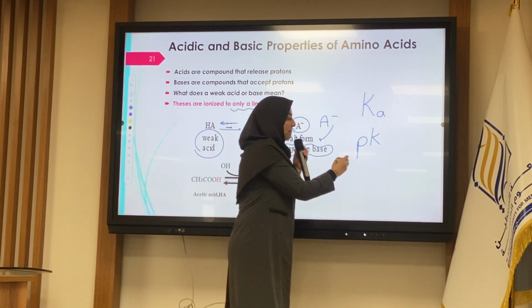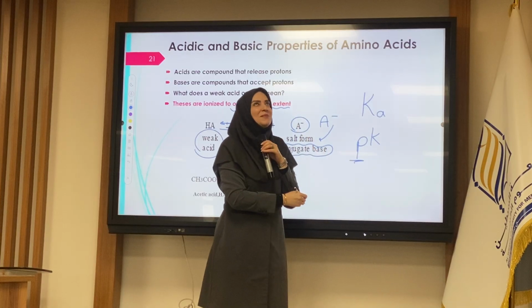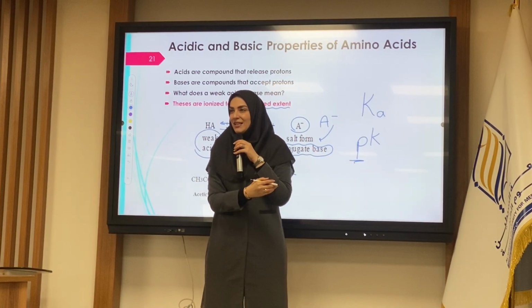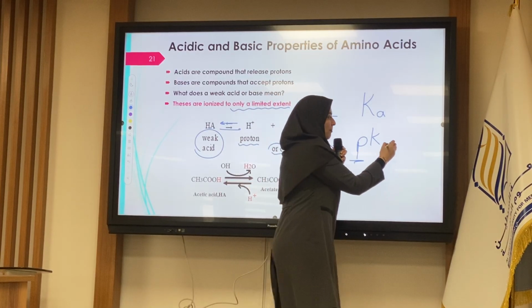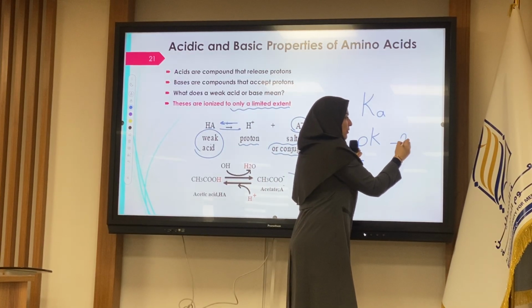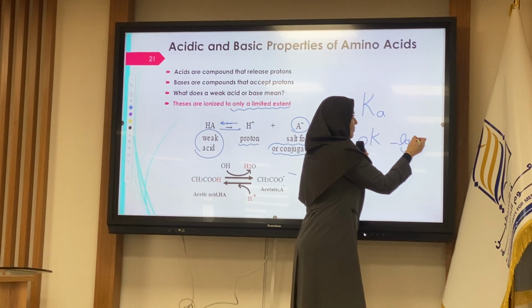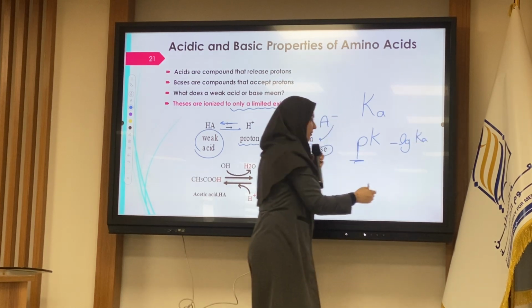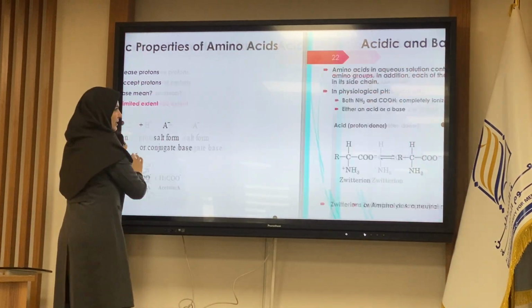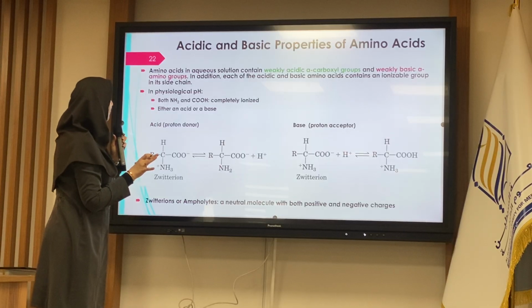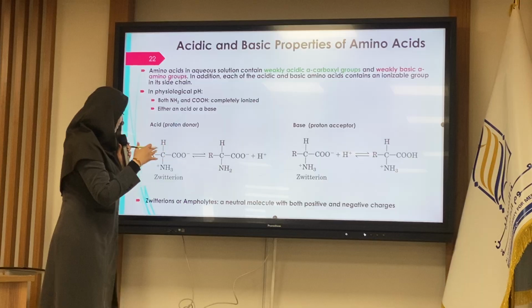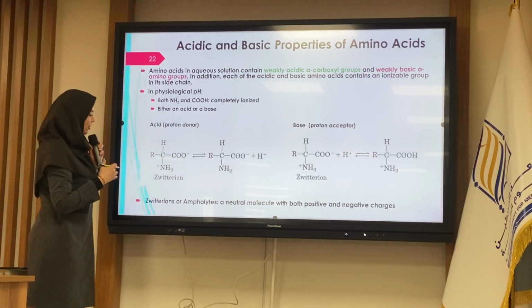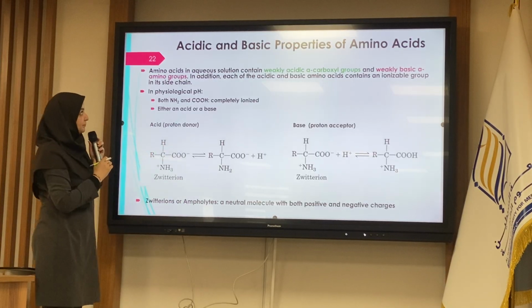P in mathematics means minus logarithm of, for example, Ka. So you are familiar with this basic concept. About the acidic properties, I want to turn back to the structure of the amino acid.